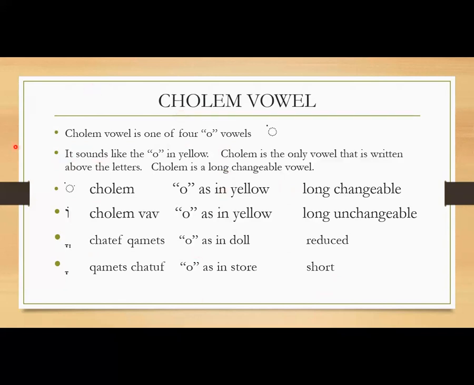Cholem is the O, which is the top one on top of the letters. Now you've seen them, you know them, you're not worried by them. O, as in yellow. Cholem is the only vowel that is written above the letters, and cholem is a long, changeable vowel. Cholem, O, as in yellow, long, changeable.